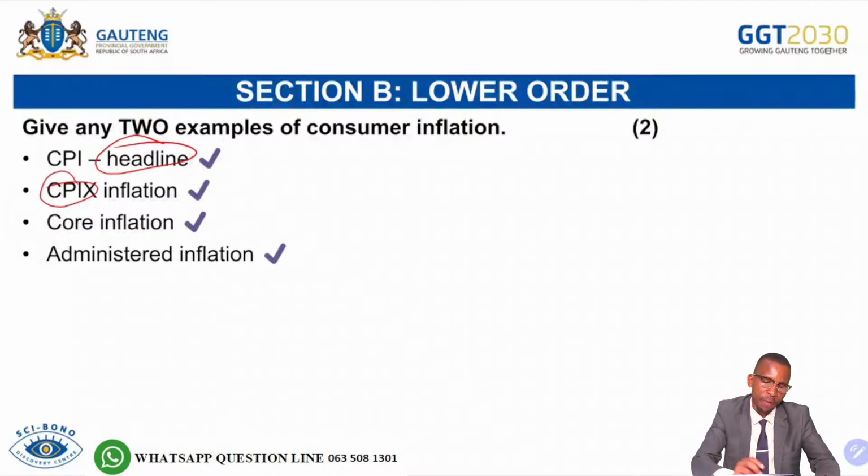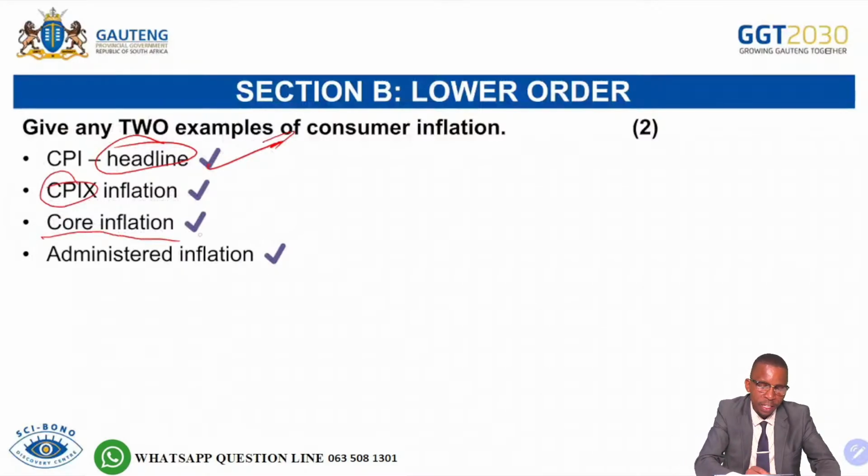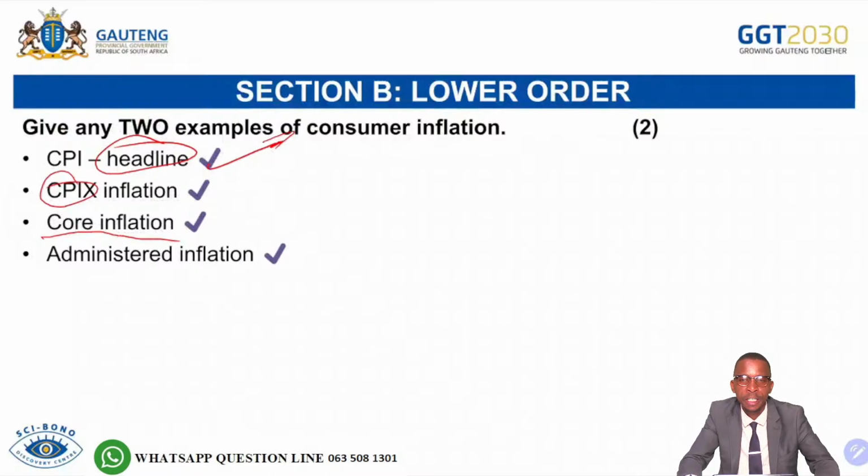Remember, it's very important for you to know that the CPI inflation or headline inflation is always greater than CPIX inflation. Why? Because CPI or headline inflation has not been adjusted. It has effects of mortgage bond and interest rate, while CPIX has been adjusted. Also, it is very important for you to know that core inflation is also lower than CPI inflation because the core inflation has been adjusted.